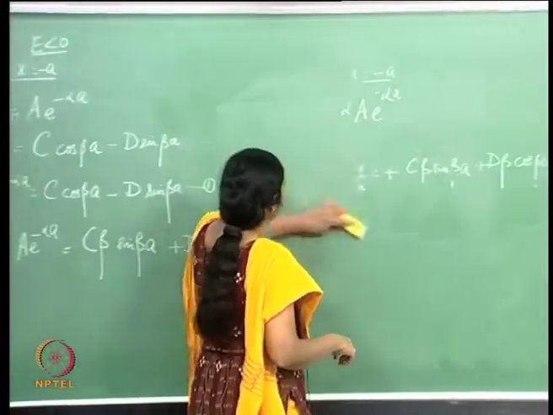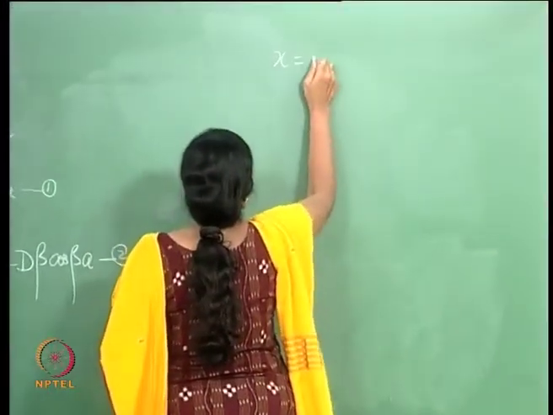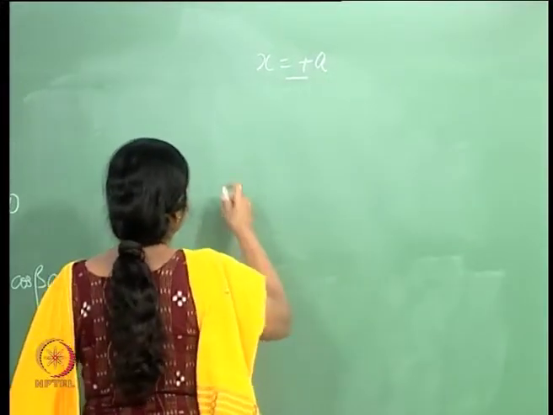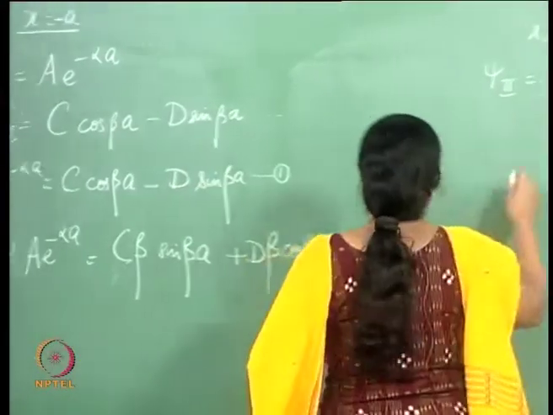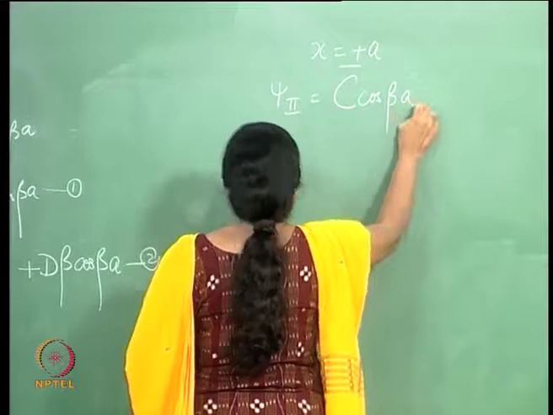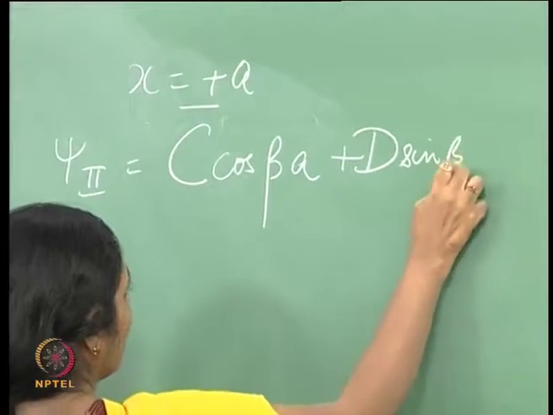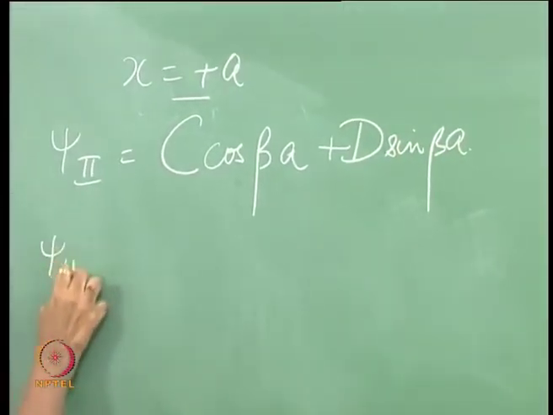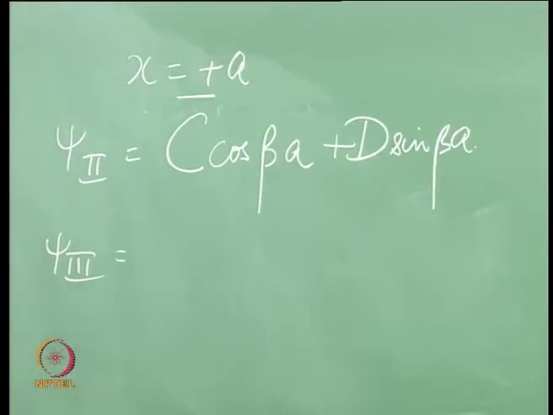I do the same thing for x equals plus a. So let's look at x equals plus a. Psi 2 is given by C cos beta a plus D sin beta a, and psi 3 is B e to the minus alpha a.